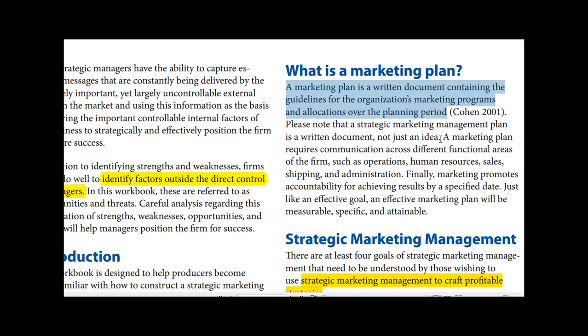A marketing plan requires communication across different functional areas. These areas are procurement, operations, human resource, sales, shipping, and administration. So, marketing departments serve as a hub between the external customers and internal operations of the organization.